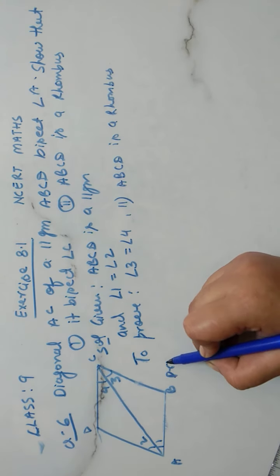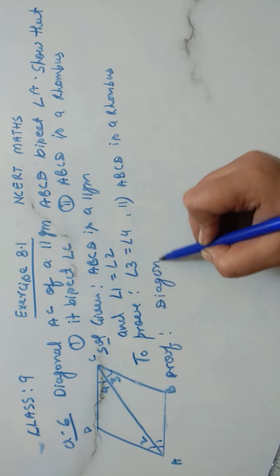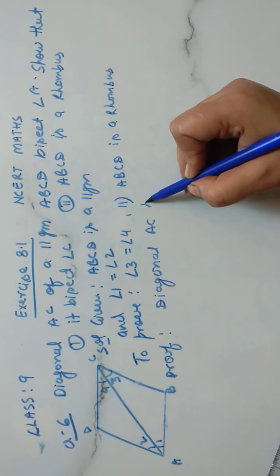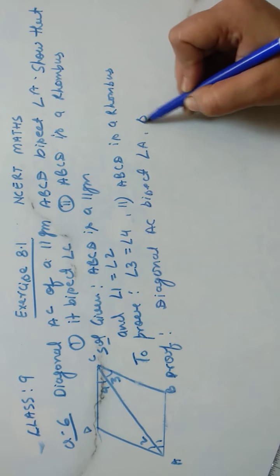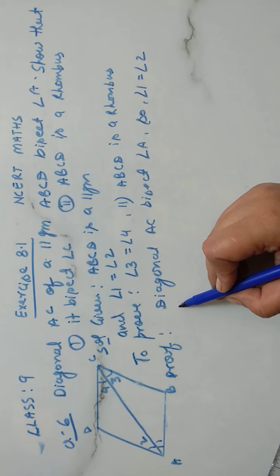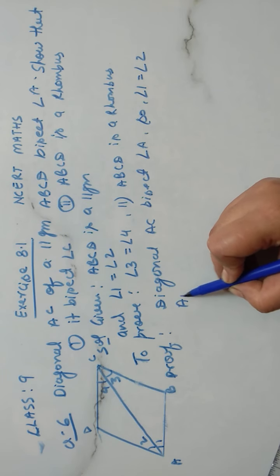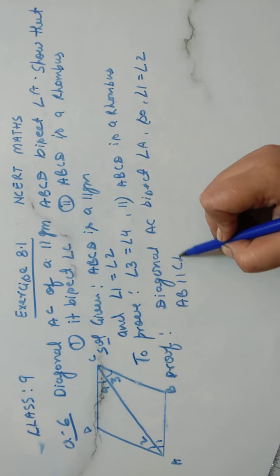See the proof. First of all, we know that diagonal AC bisects angle A. Okay, so what we know? That angle 1 is equal to angle 2. Again, the other thing we know is that AB is parallel to CD, and we know that AC is a transversal.